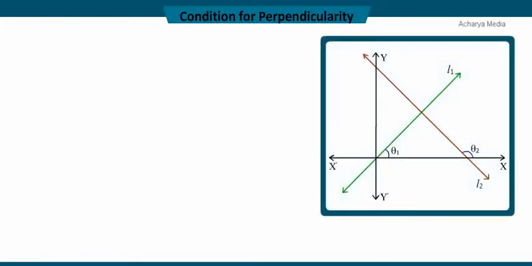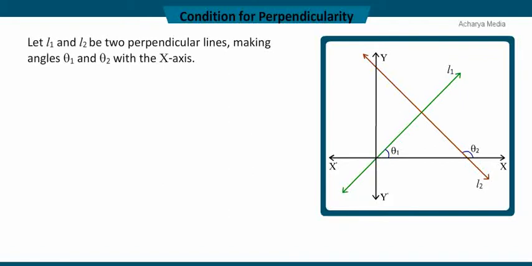The condition for perpendicularity is as follows. Look at this image provided here. Let L1 and L2 be two perpendicular lines, making angles θ1 and θ2 with the x-axis. Then m1 is equal to tan θ1 and m2 is equal to tan θ2.